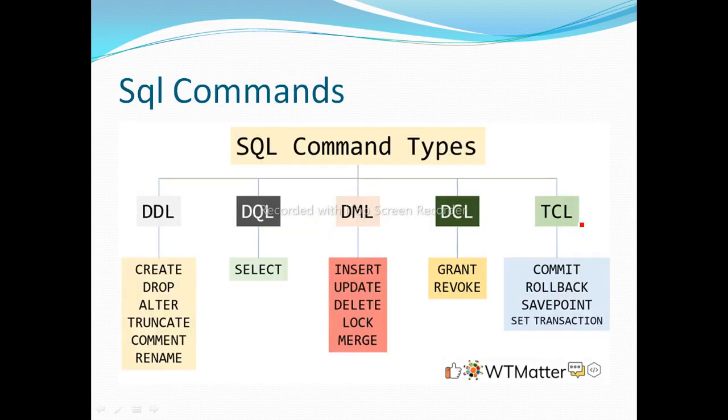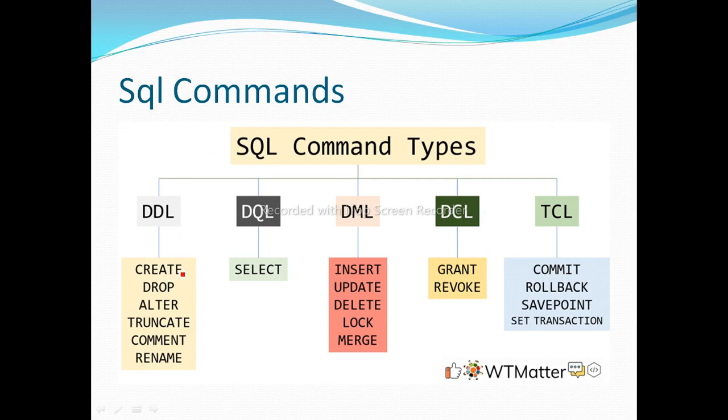SQL commands are distributed among the following groups: DDL, data definition language, DQL, data query language, DML, data manipulation language, DCL, data control language, and TCL, transaction control language. In data definition language, when we create the data, at that time we are defining the data and creating the table.